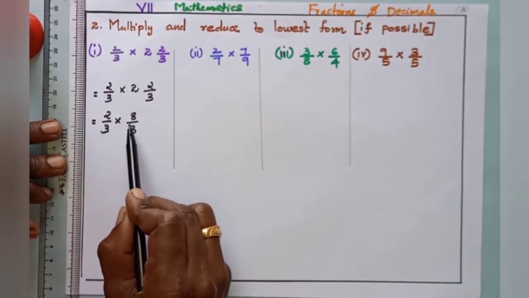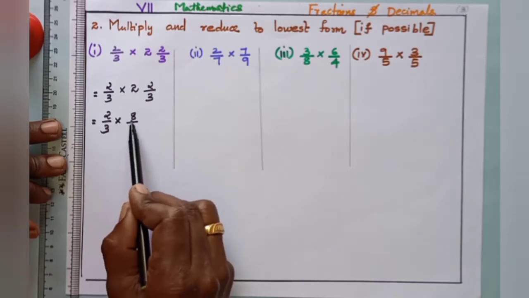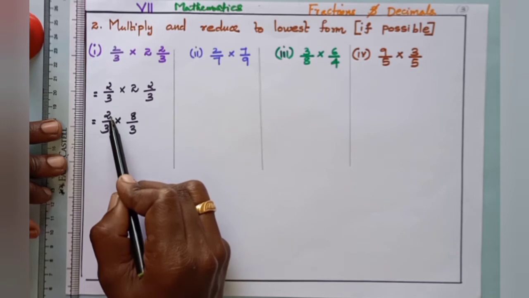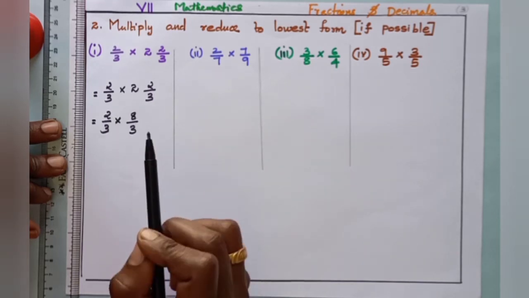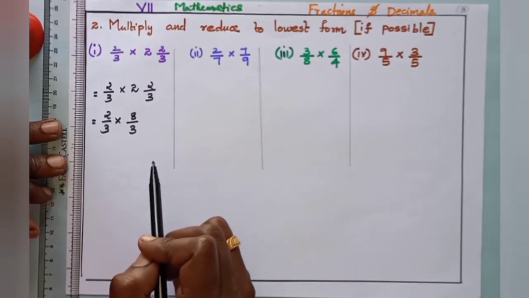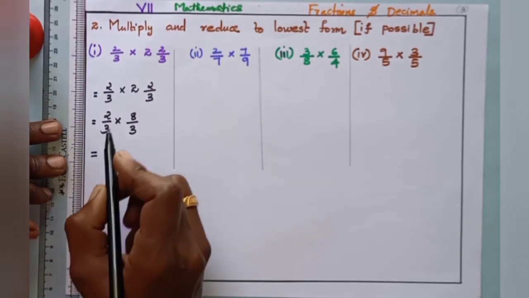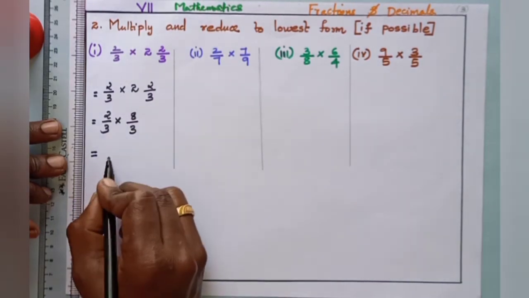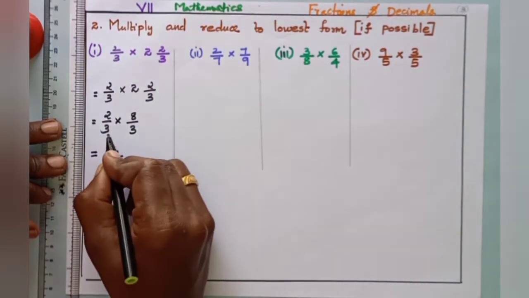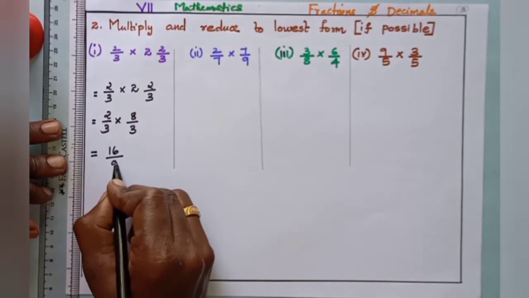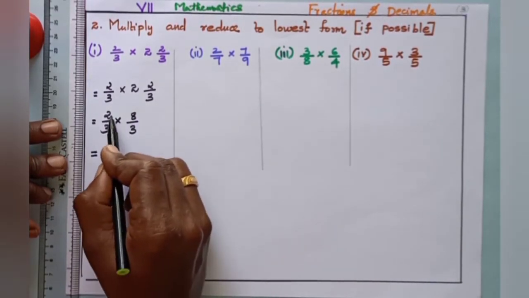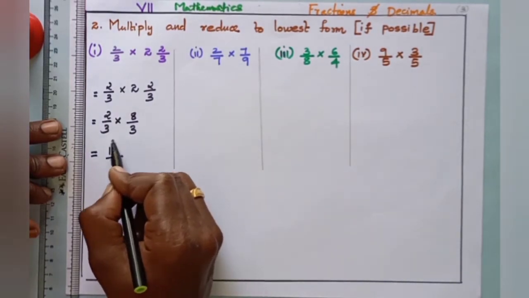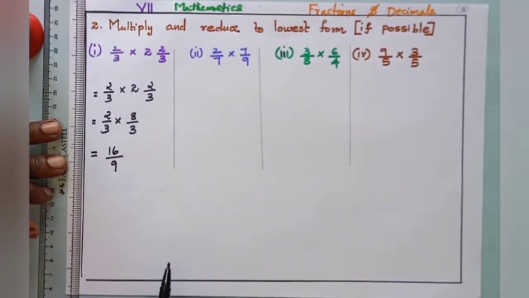Then look, is any cancellation possible here? No common factors between numerator and denominator: 2, 3, and 8, 3. So not possible. So take the product of the numerators: 2 into 8, 16, by the product of the denominators: 3 into 3, 9.